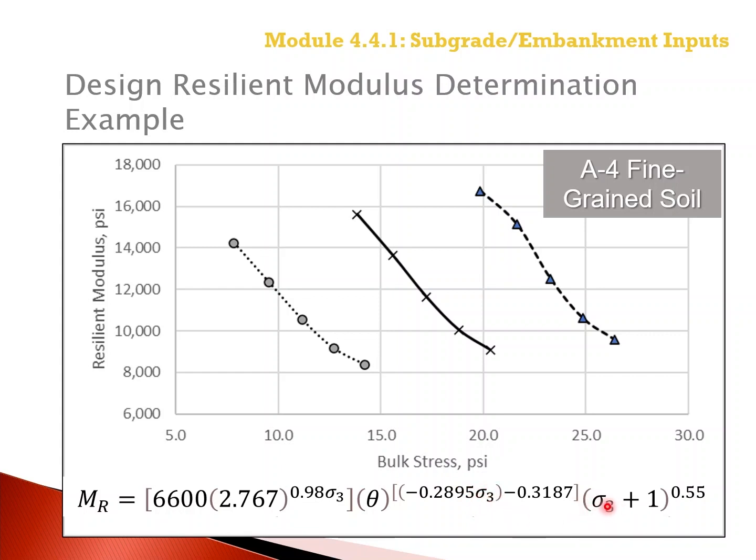And then that product is multiplied by the confining pressure to an exponent or power term. Again, just one example of a regression equation. Other regression equations or mathematical formulations can be used to represent the change in resilient modulus as a function of bulk stress and confinement.